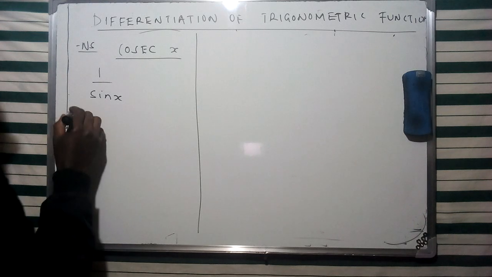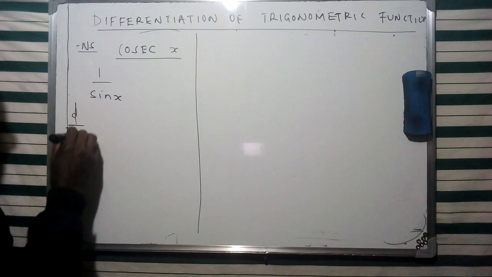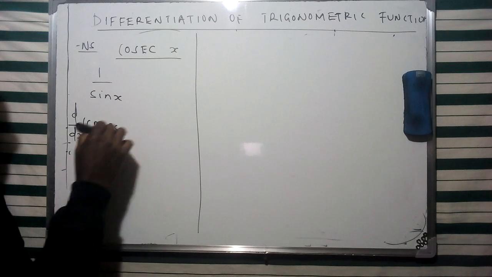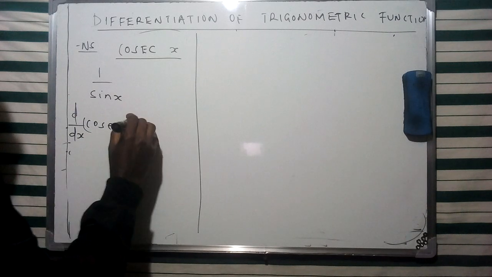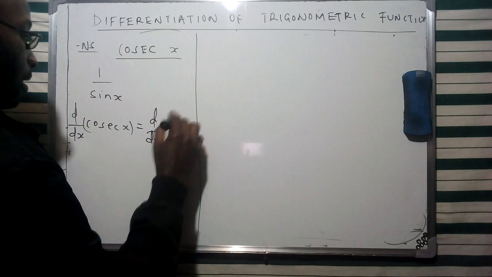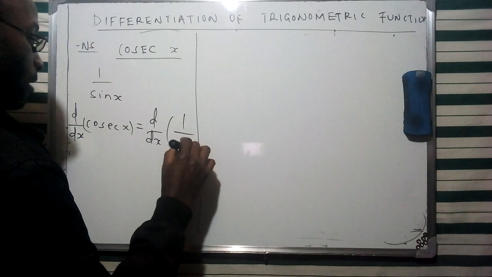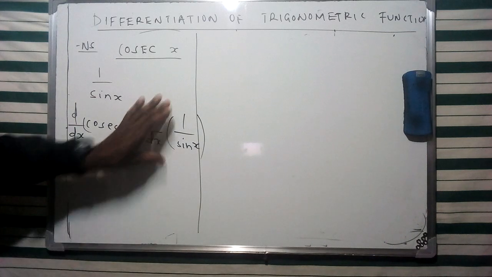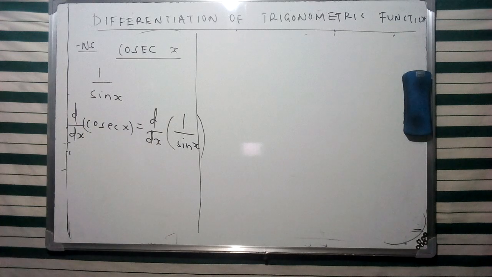So if we are requested to find the derivative of cosec, this represents the inverse of the sine of a function. This particular representation calls us to employ one of the differentiation rules we have discussed, the reciprocal rule.